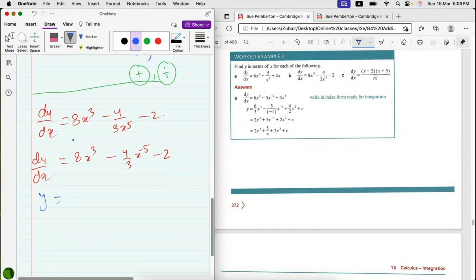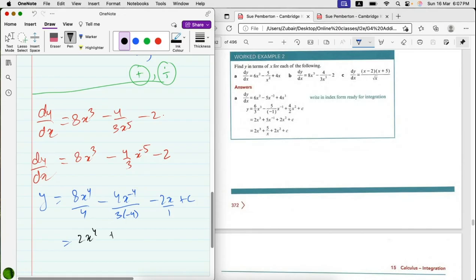We used to multiply and subtract. Now I'm adding and dividing. So 8x4 over 4. Just addition and division. So 4x minus 4 over new power, minus 2x over new power, which is just 1, plus c. And simplification. 8 by 4 is 2, 2x 4.